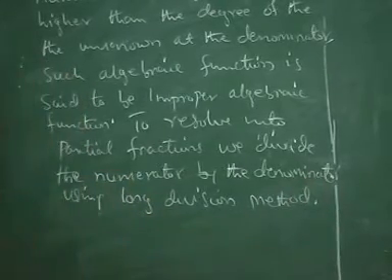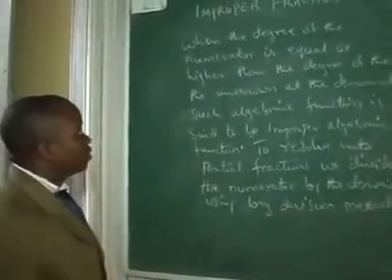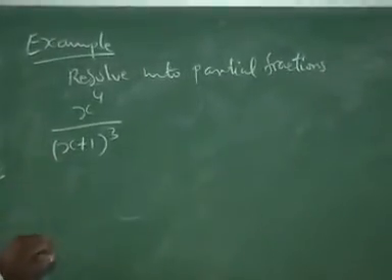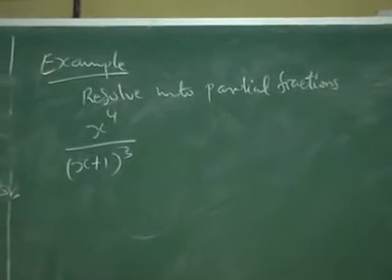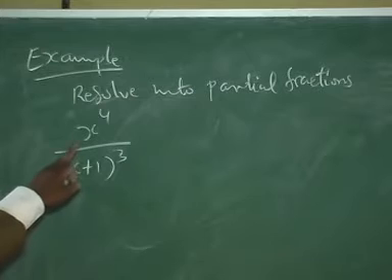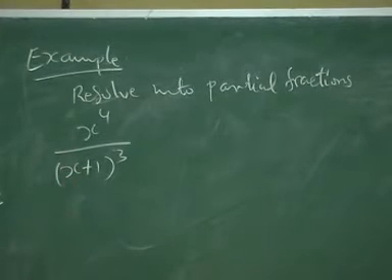Now let's look at an example of this type of fraction, which is improper, an algebraic function where the degree of the numerator is higher than the degree of the denominator.